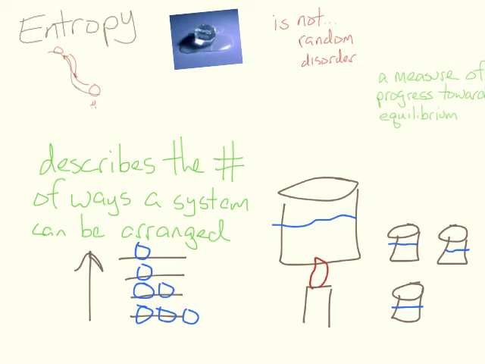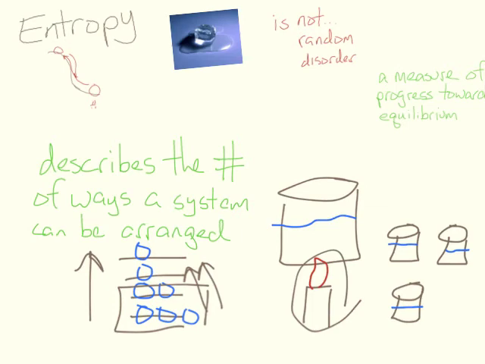At room temperature, most of the water molecules are going to be on the lower rungs of my energy ladder. But as I heat the container up, more and more of the molecules are going to have higher and higher energy. So I'm changing the way the energy of the system is arranged. And if I change the way the energy of the system is arranged, I'm also changing its entropy.